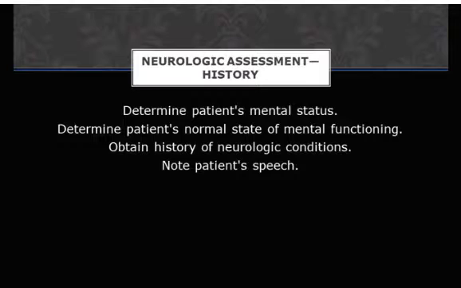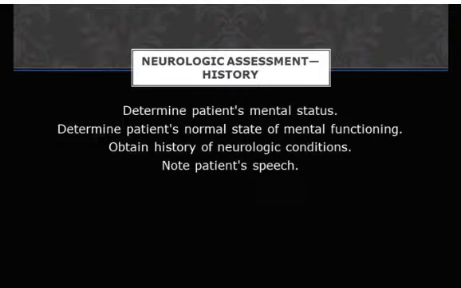Okay. We also want to find out what is their normal mental status. Because if we're asking a patient who the president is, and on the best day of their life they don't have a clue who the president is, we're probably getting a false reading here. So we're going to find this out probably from family and bystanders or people that know this patient. And then we want to get a history of any neurological conditions they have.